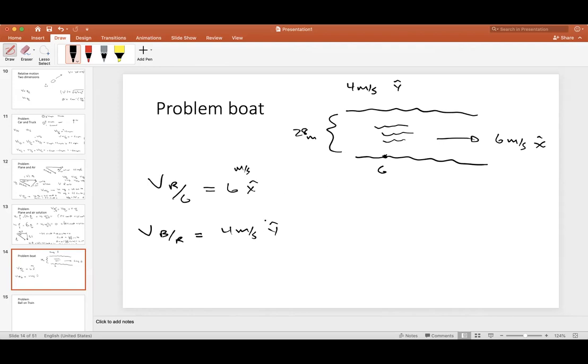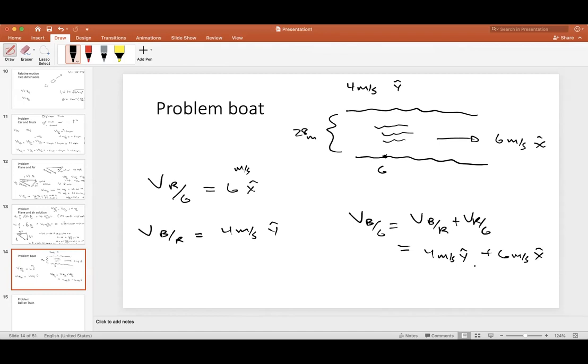So what is your speed relative to the ground, first of all? It's the boat relative to the ground, which is the boat relative to the river plus the river relative to the ground. Well, that's obviously 4 meters per second in the y hat, your speed versus the river, plus the river versus the ground, 6 meters per second in the x hat.